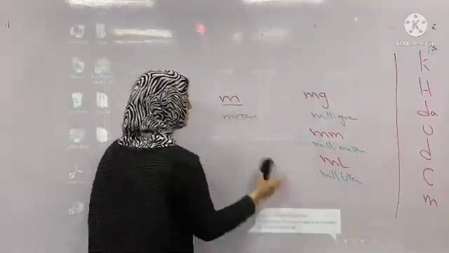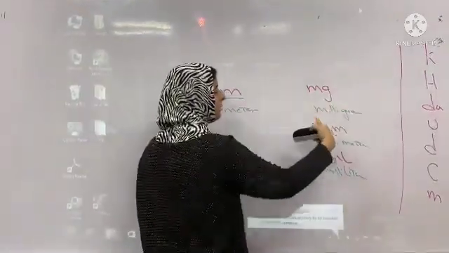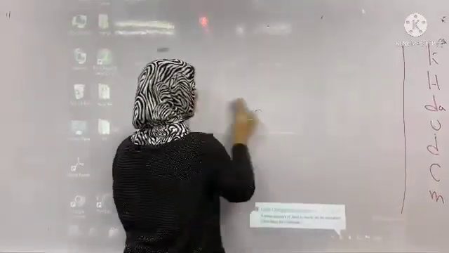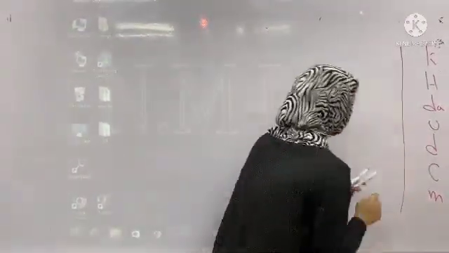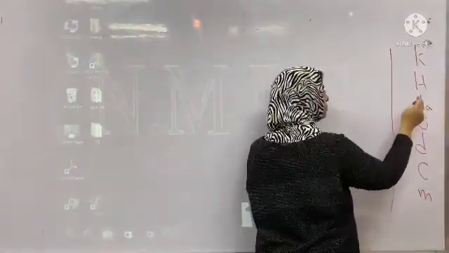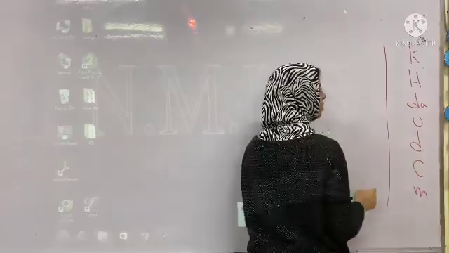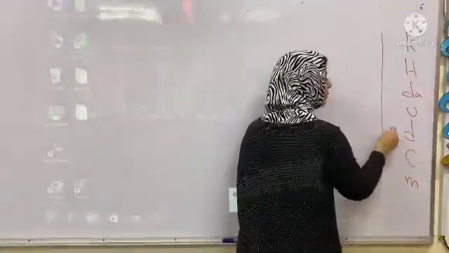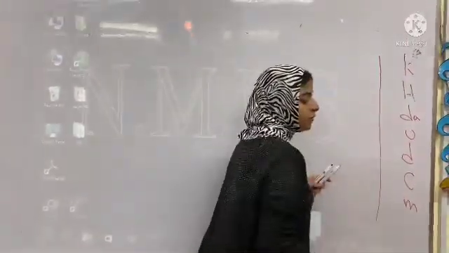Okay, there's a difference between meter, milligram, millimeter, and milliliter. Now let's start. From kilo to hecto times 10, and from hecto to deca times 10. From greater to smaller times 10. From smaller backward to the greater, I make it divided by 10.